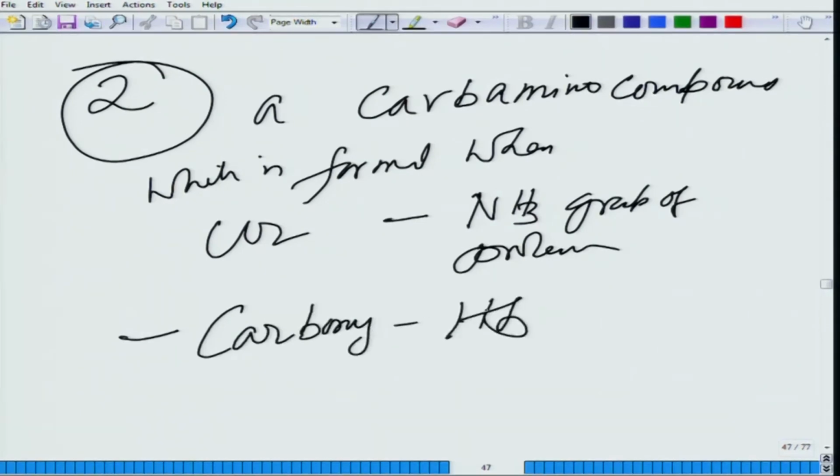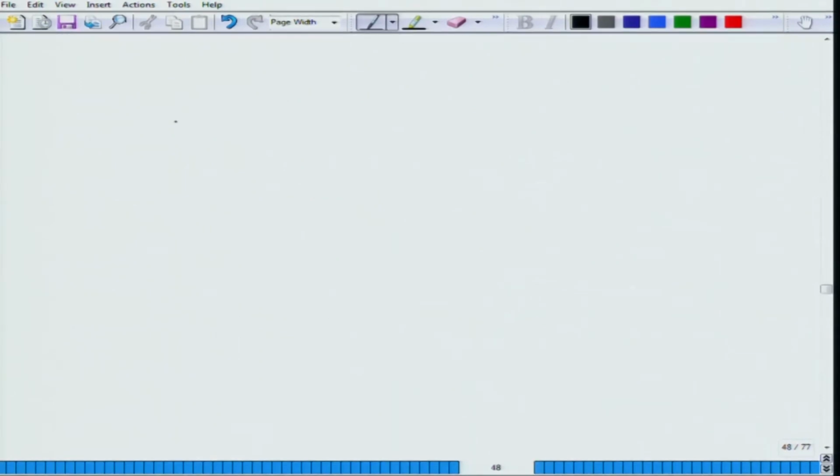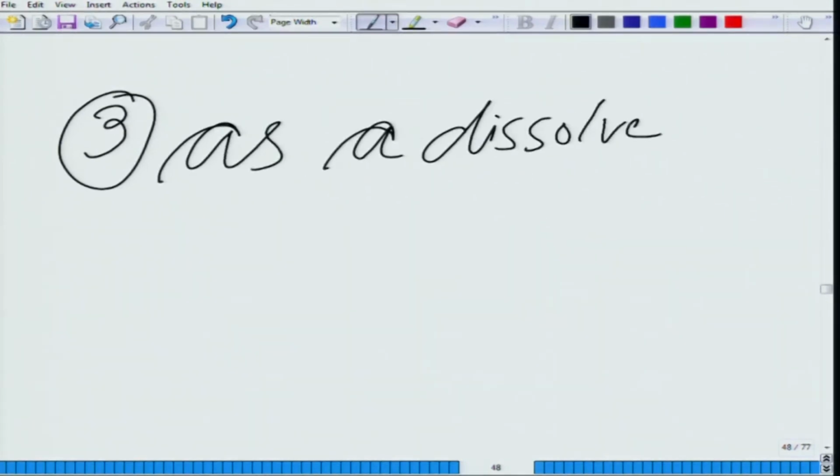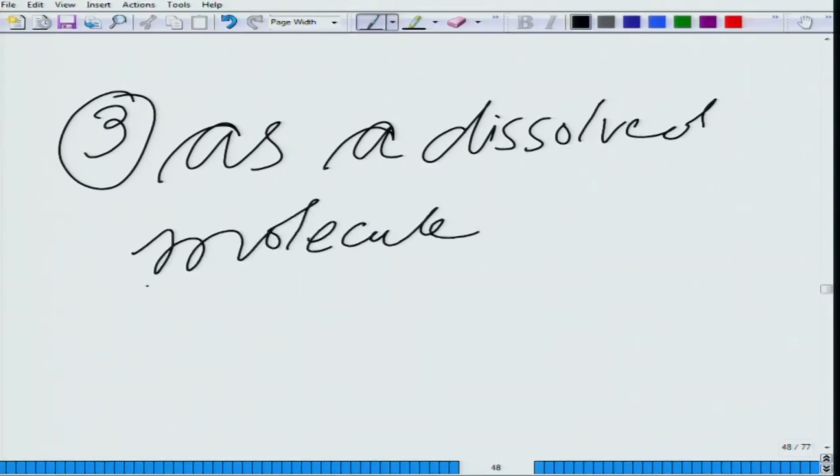Okay. There is a third way of carrying, which is as a dissolved molecule. This is the easiest because it has the highest solubility.